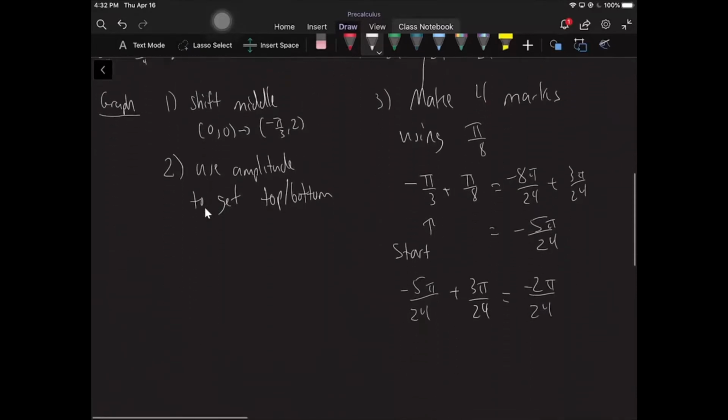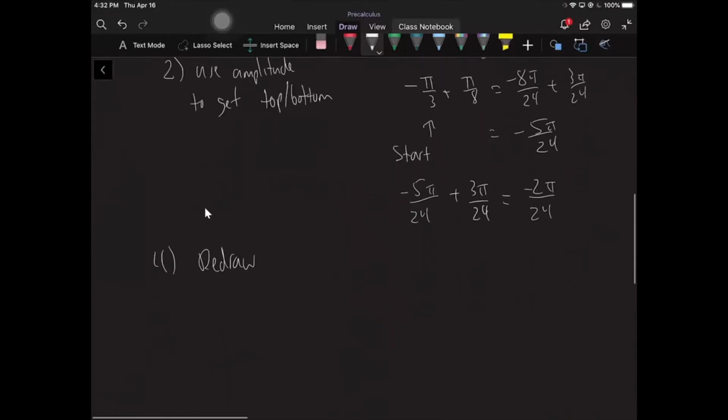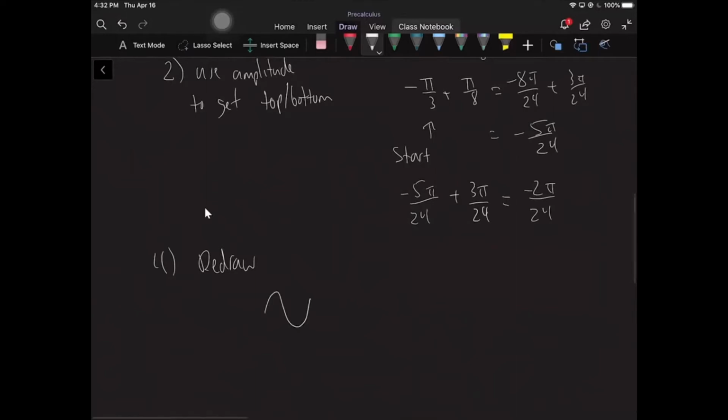Okay, so then I redraw. So instead of drawing sine, because I'm not doing sine anymore, I redraw cosine, which is this shape. So what that means is I start at the top on the first tick mark, then I go to the middle, then the bottom, then the middle, then back to the top.